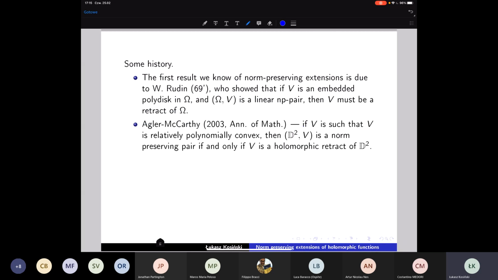The next result was obtained by Agler and McCarthy in 2003. They studied the non-trivial case when omega is the bidisk, under some additional assumption of polynomial convexity. So this means that the closure of V is polynomially convex.